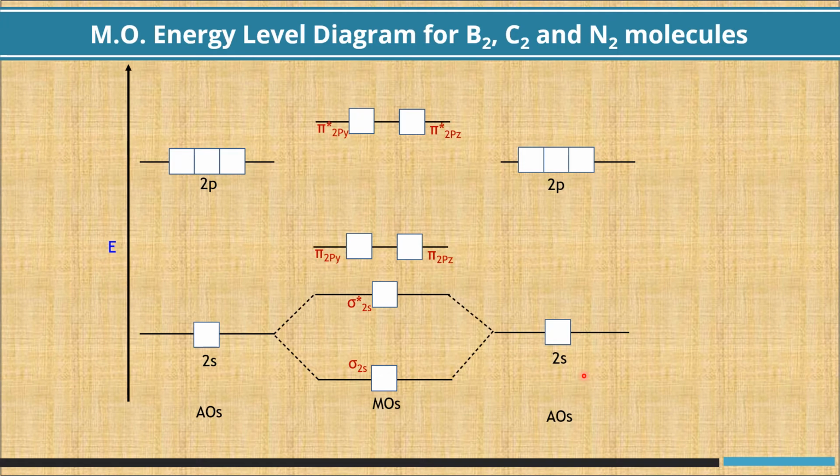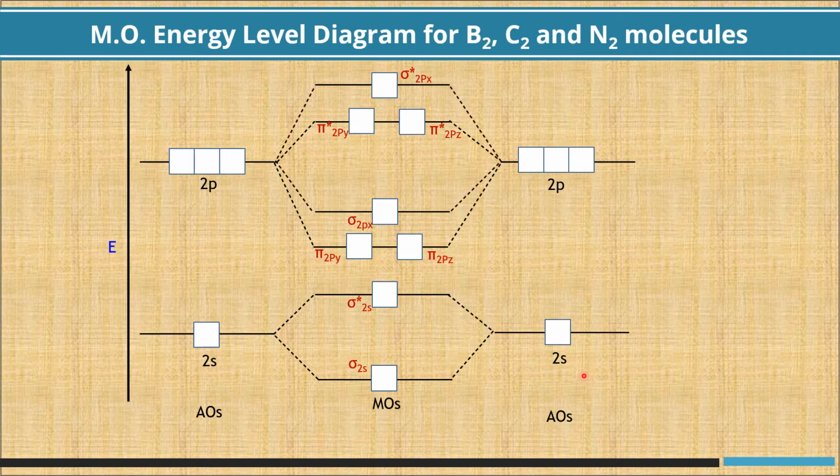Similarly, we have pi 2py and pi 2pz as bonding molecular orbitals, and pi star 2py and pi star 2pz as antibonding molecular orbitals, when 2py and 2pz combine with the 2py and 2pz atomic orbitals of the other atom. Similarly, when 2px combines with the 2px of the other atom, it gives rise to sigma 2px and sigma star 2px bonding and antibonding molecular orbitals.